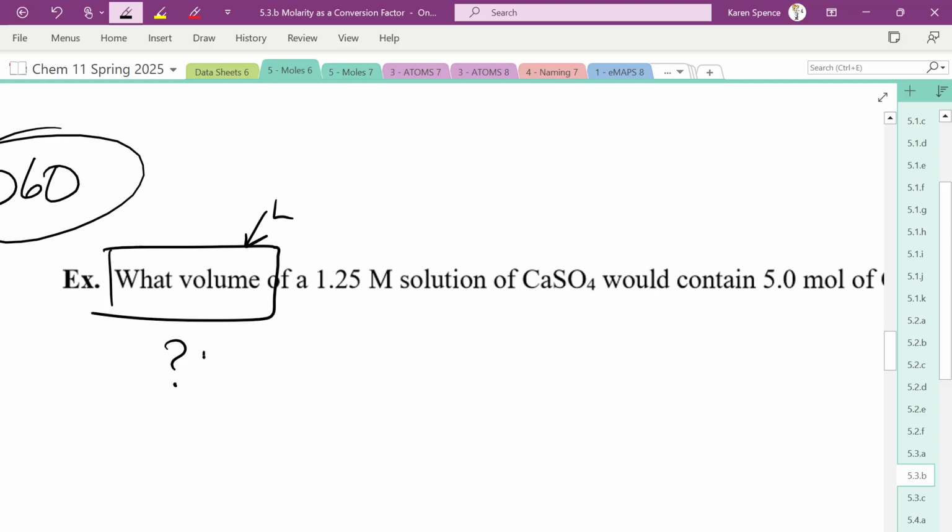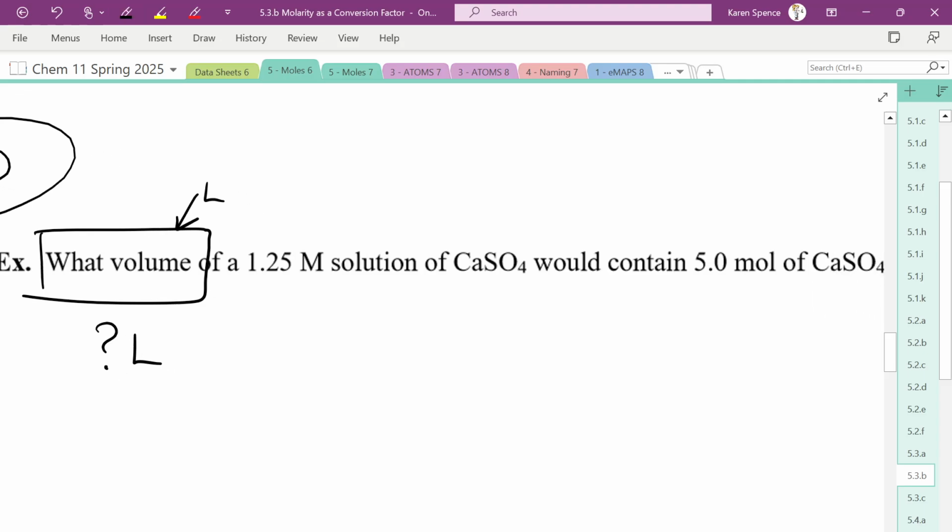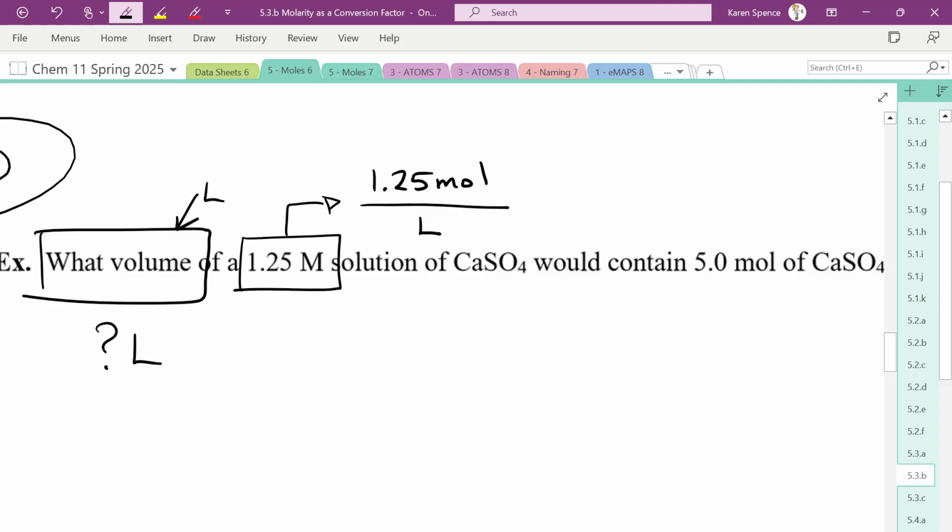What volume, so how many liters, of 1.25 molar, what should we do with that 1.25 molar? Rewrite it as 1.25 moles per liter. And we want to know how much of that contains 5.0 moles of CaSO4.